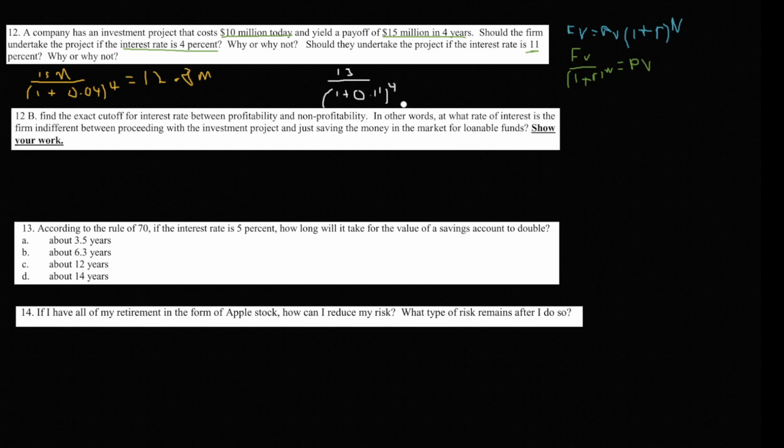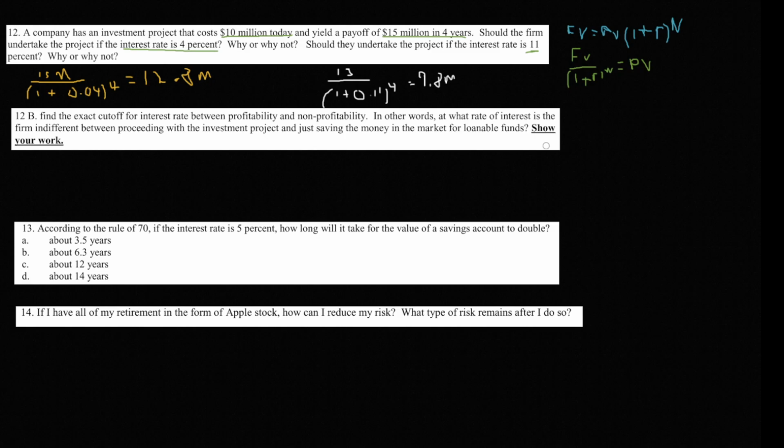And so this is 9.8 million. And so they will not be making a profit at an 11% interest rate if the bank said, hey, for this $10 million, we're going to charge you an 11% interest rate for that $10 million loan.